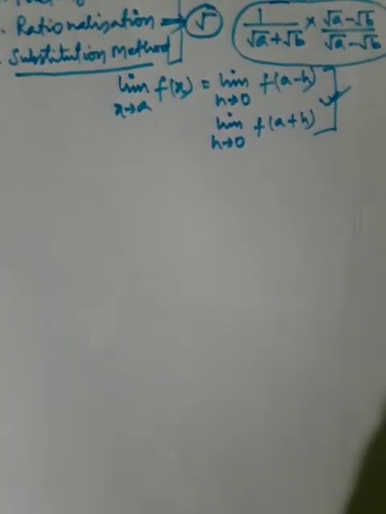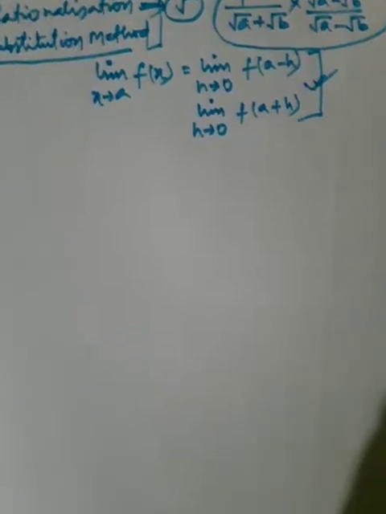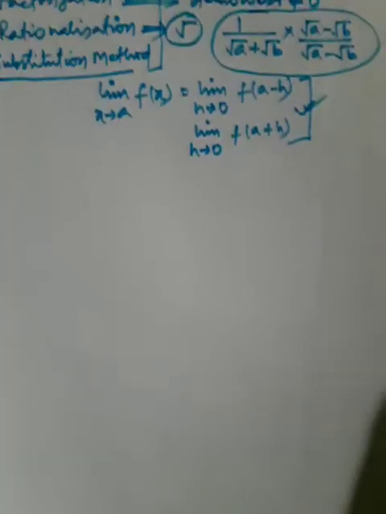Now I will solve some examples which will help you to understand all these three methods and how and when to use factorization method, rationalization method and substitution method depending on the nature of the problem.